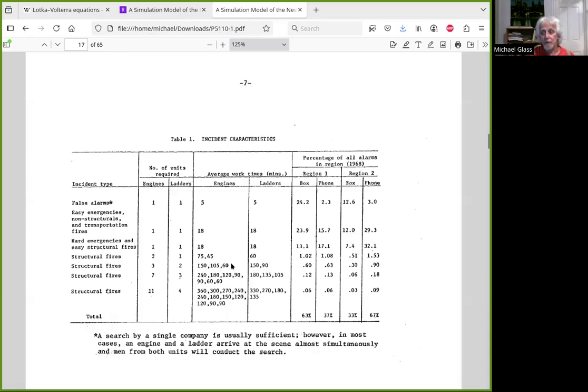If I redistribute the trucks and ladders, whatever quality metrics we're using for fire response, for equipment utilization, you can then run the simulation for long enough and get the answers.